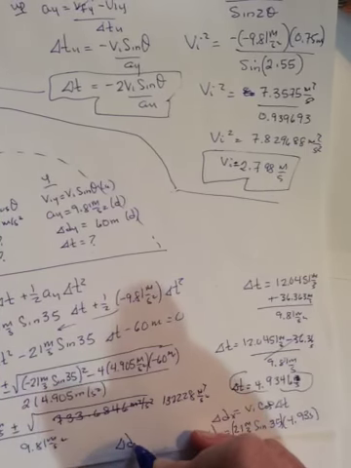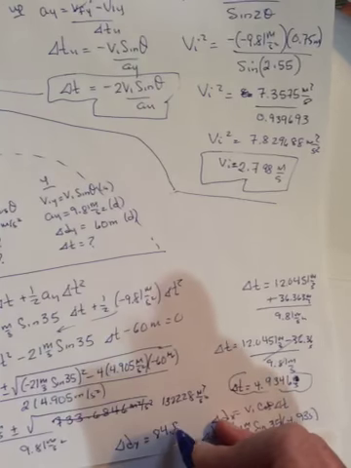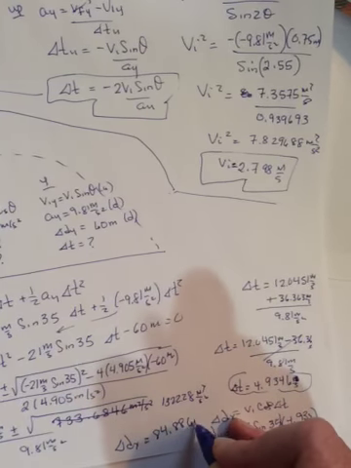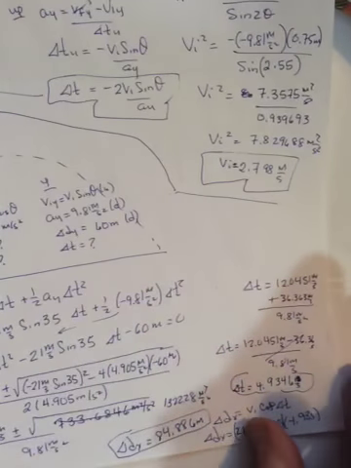So delta dx is equal to 84.886 meters. All right, that's number 9. Number 10.